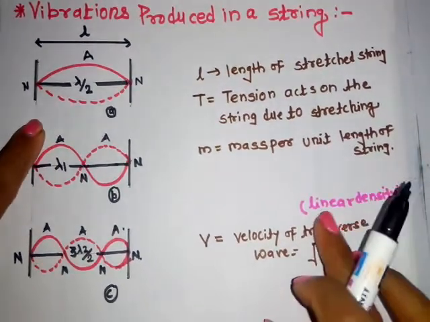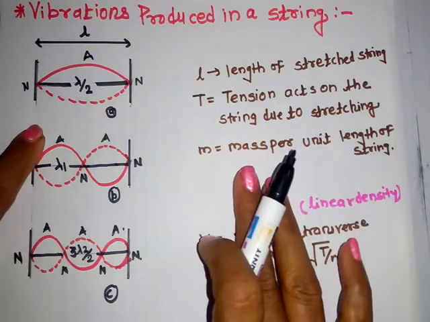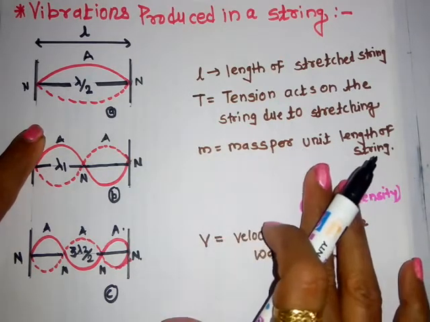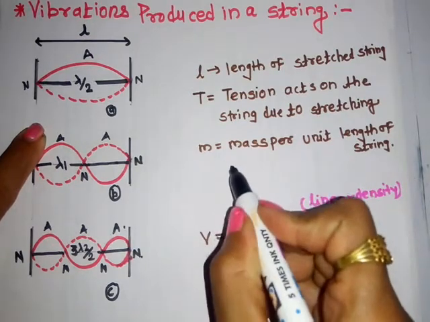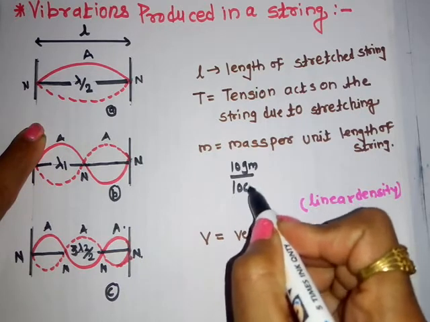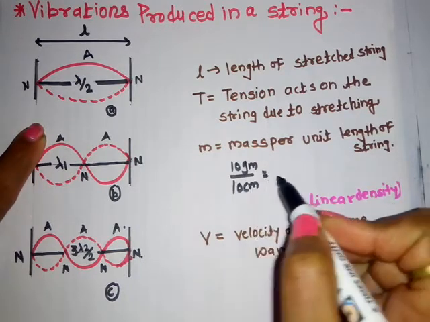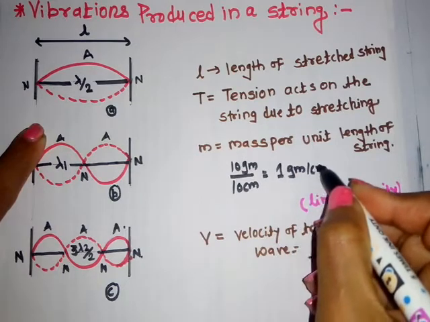It is also called the linear density. Mass per unit length is nothing but the ratio of mass and length. Suppose the string has a mass of 10 gram and a length of 10 centimeter, then the mass per unit length of such a string is 1 gram per centimeter.